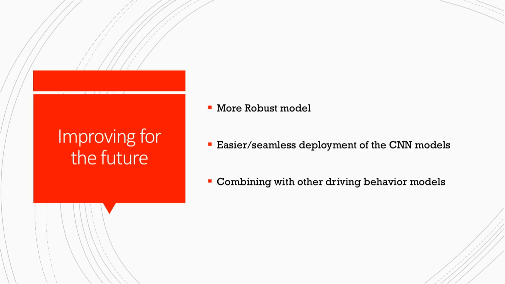And then the last point here is combining this with other driving behavior models, to make this a more comprehensive driver safety application. If we wanted to do that, we might have to go beyond just the actions that we looked at, cognitive, manual, visual. We might have to look at finer features like, is the driver sleepy?